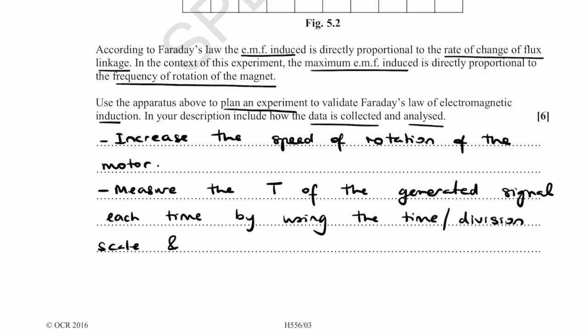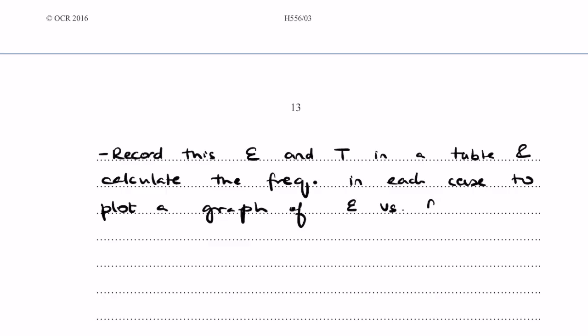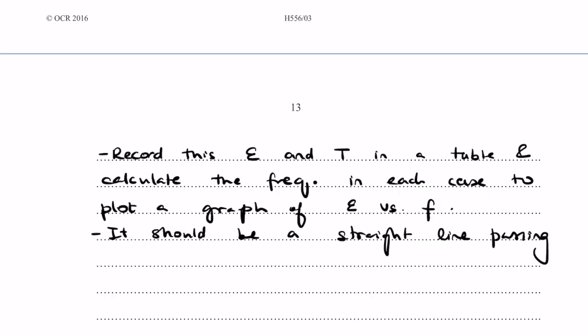And you're going to get your EMF versus time period in a table. And then you're going to calculate the frequency for each time period and then plot a graph of EMF versus frequency. And what you'd see is a straight line passing through the origin, as EMF is directly proportional to the rate of change in the magnetic flux linkage.